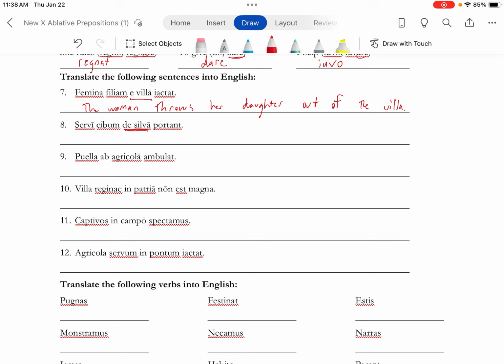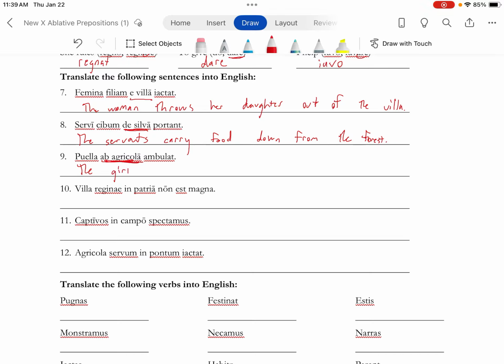Servi cibum de silva portant. Servi, the servants, carry cibum, carry food, de silva, down from the forest. Puella ab agricola ambulat. Ab agricola is going to be our prepositional phrase.